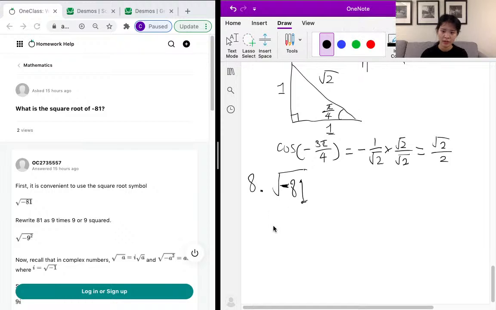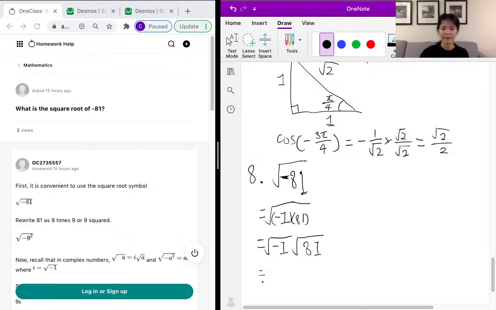So how do we do those problems if you have learned imaginary numbers or complex numbers? You know that negative 81 is negative 1 multiplied by 81, and then you split the square root sign into both of its factors, and you have the square root of negative 81 equals the square root of negative 1 times 81.